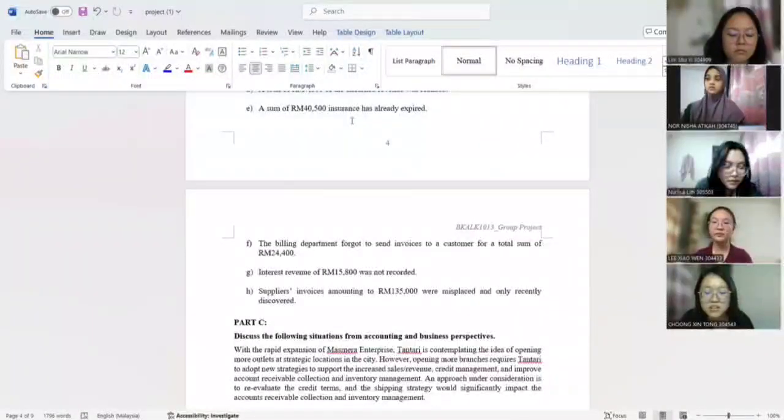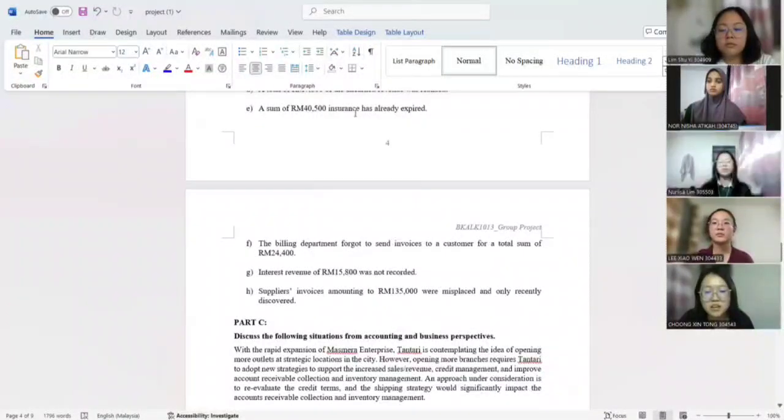The liability part is correctly stated and not affected. The owner's equity will be overstated, and net income will be overstated because the insurance that already expired has not been recorded. In this case, we know the prepaid insurance and net income are overstated.